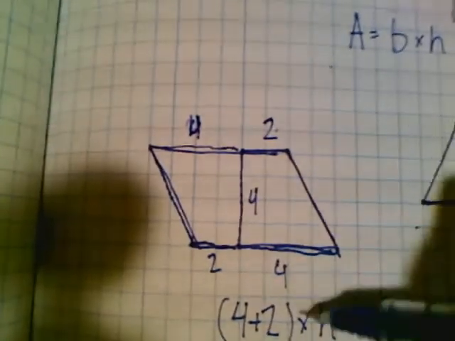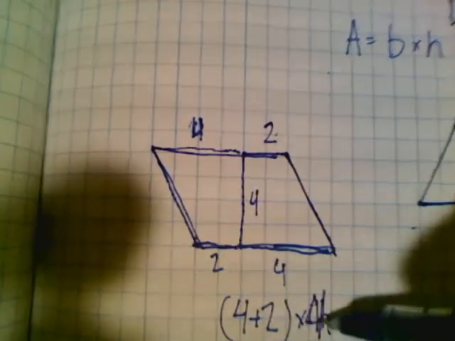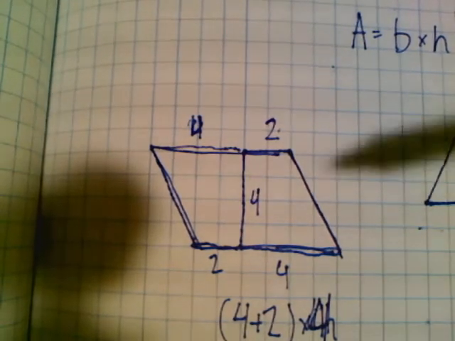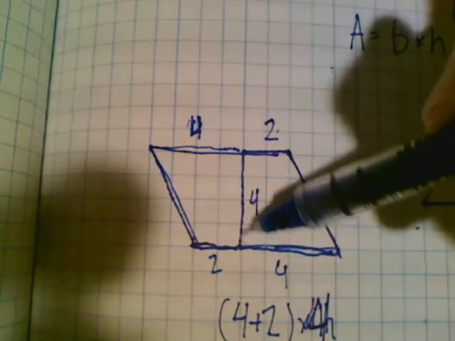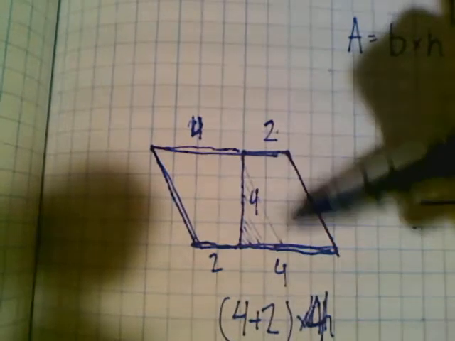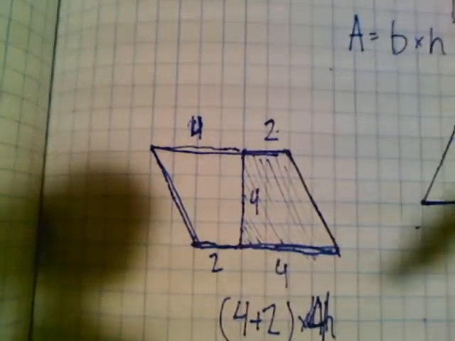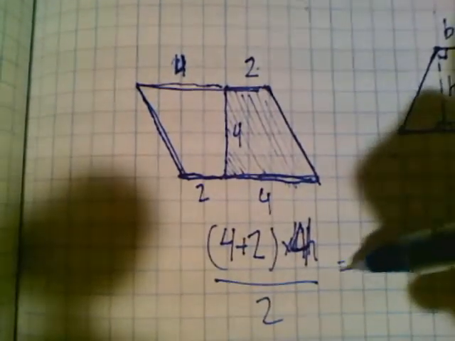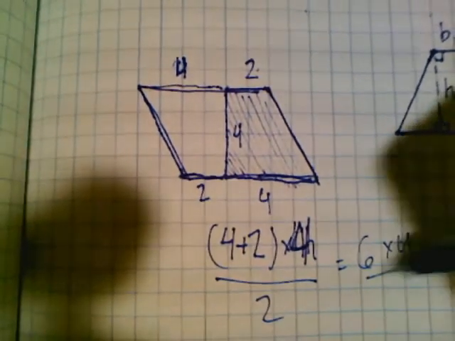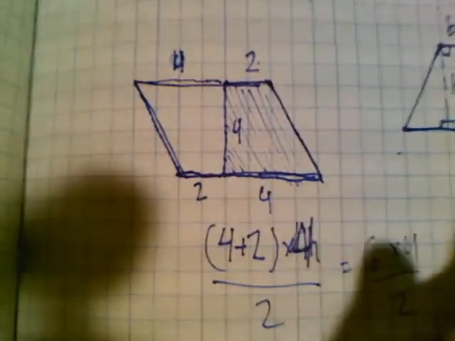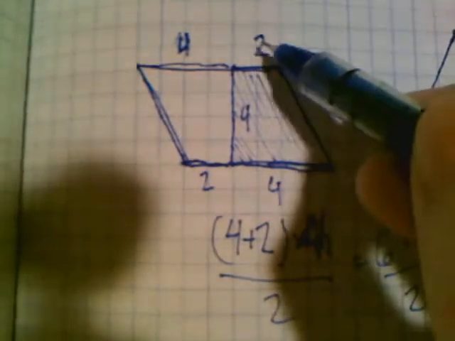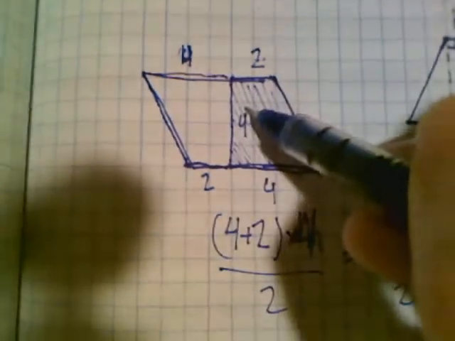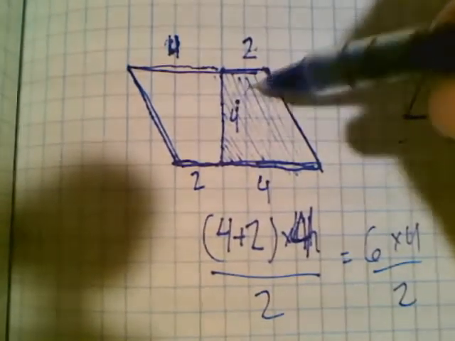But that gives you a parallelogram times 4. But we just want to know about the trapezoid. Well, if each of these parts are equal, that means my trapezoid is 1/2 of my total area. So divide by 2, you get 6 times 4 divided by 2. Or more generally, we could say that's base 1 plus base 2 times height, and then divided by 2 to get this portion.